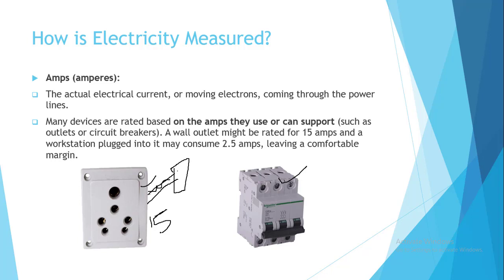You are well aware that if I don't connect any device to this socket, then the power will not run. That means there should be some force or some pressure or some device that draws this current out from the socket, and that force or that pressure is measured in volts.